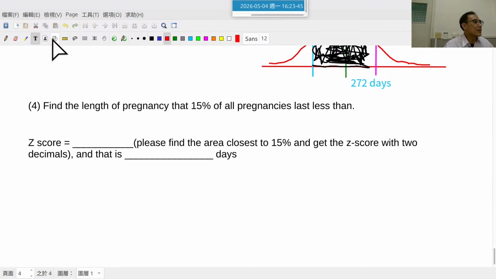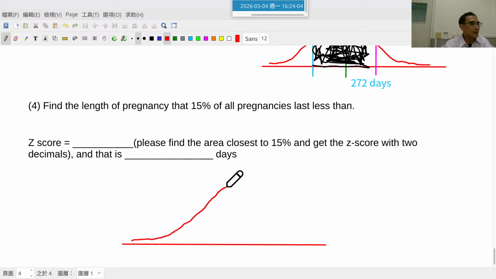As I told you 3 weeks ago, we reverse the calculation. Originally, we got a position under the curve and got the area, but this question is reversed.